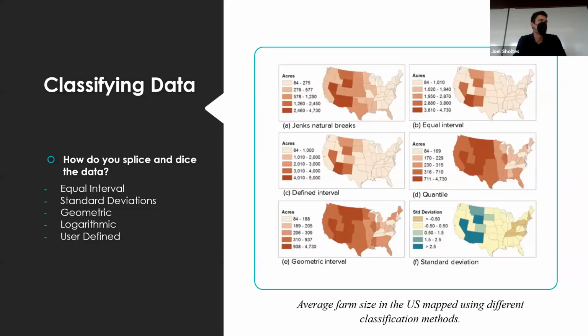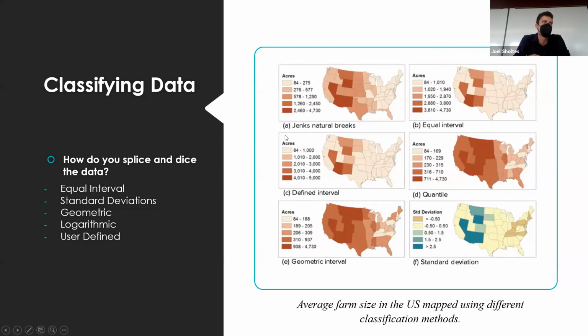All right, let's talk about how we categorize data. And here's the same data set. This is the average farm size in the US in terms of acres. So if you have a farm, how big is that farm? And there are, in this case, 6 different ways to categorize that data.